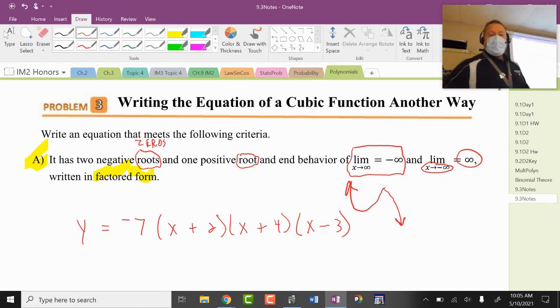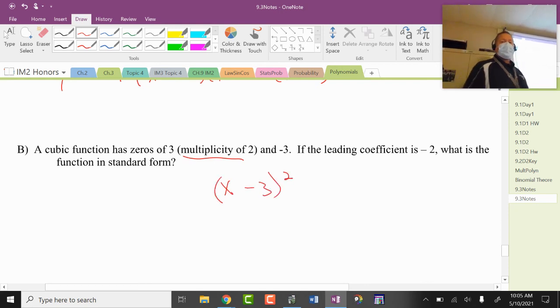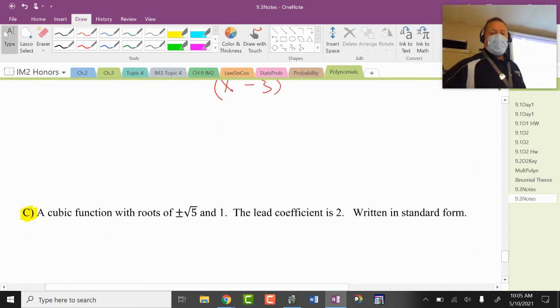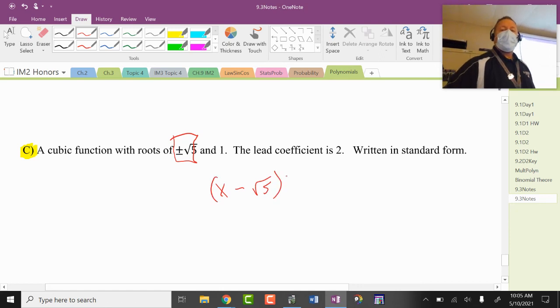All right? And then, skip over that one. Just know that multiplicity 2 means x minus 3 squared, right? So read that correctly, then it's more of the same. And then this last one, radicals come in conjugate pairs as well, mostly, if your polynomial is going to have, in this case, real rational coefficients.